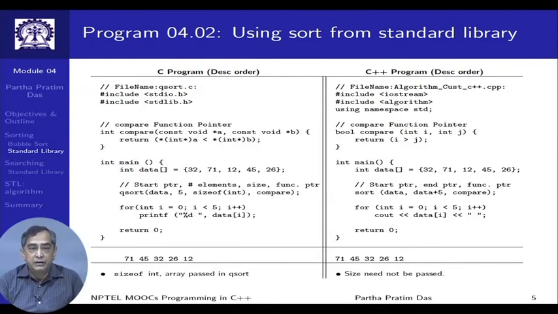It may be difficult for you to understand exactly why we need this, but the basic logic is that since qsort does not know what type of data your array contains, it could contain int type of elements, it could contain char type of elements, it could contain pointer type of elements, it could contain structure type of elements.